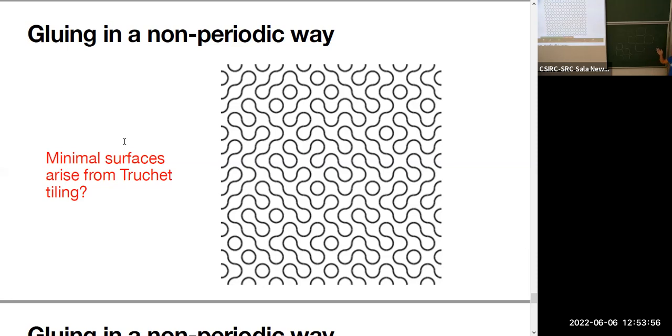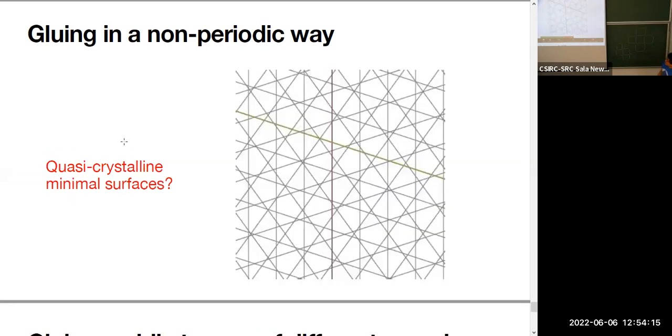Yeah, so I believe this construction is possible, although I don't have a clear idea yet. But I think any two-shift tiling would give me a minimal surface. And that would be another uncountably many examples. And I want a quasi-crystalline minimal surface.